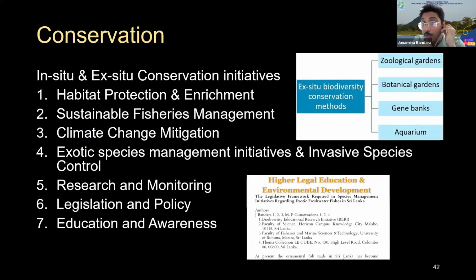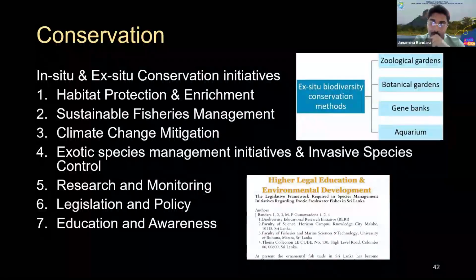For example, captive breeding initiatives in zoological gardens are ex-situ conservation initiatives. But it's really important to work on in-situ conservation actions as well.